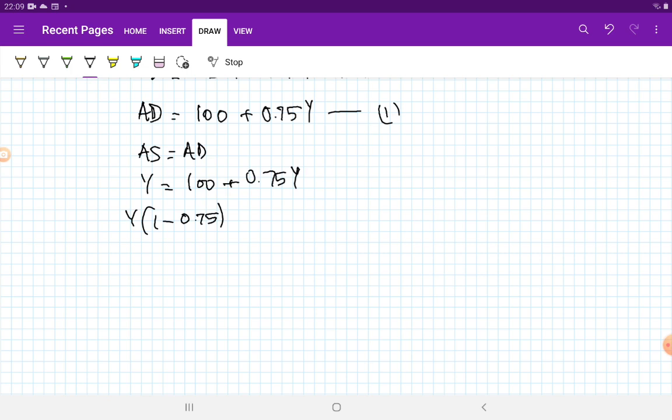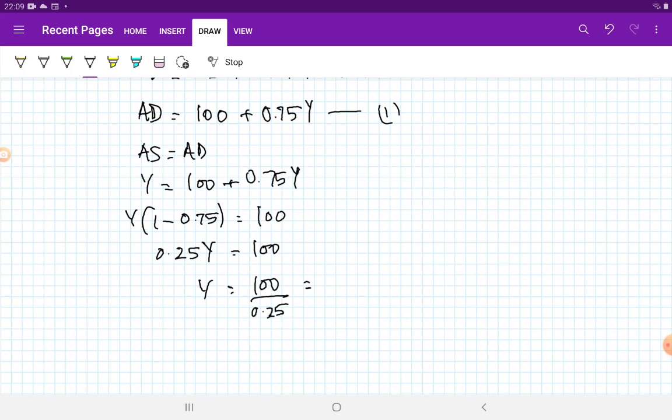That is, I took 0.75Y to the left hand side of the equal to, so it became negative 0.75Y, and I've also taken Y common, which is why I've got Y in brackets (1 minus 0.75), which is equal to 100. So that is 0.25Y is equal to 100, and Y is equal to 100 by 0.25.